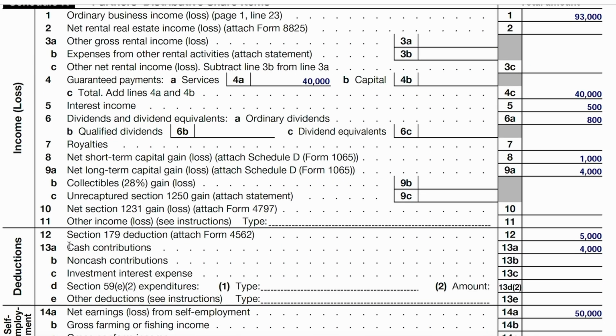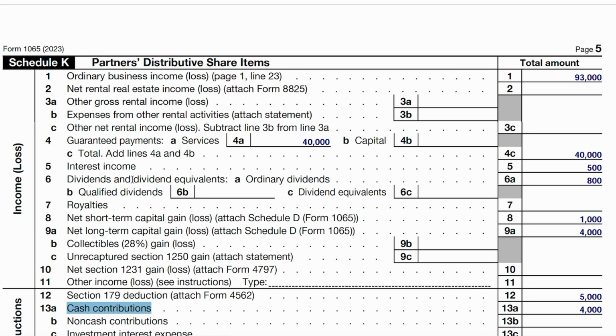Another example that I can give you right now is cash contributions. Charitable contribution is treated differently based on the adjusted gross income of the partner. Charitable contribution is a deduction shown separately on schedule K, that is why it is called a separately stated item.